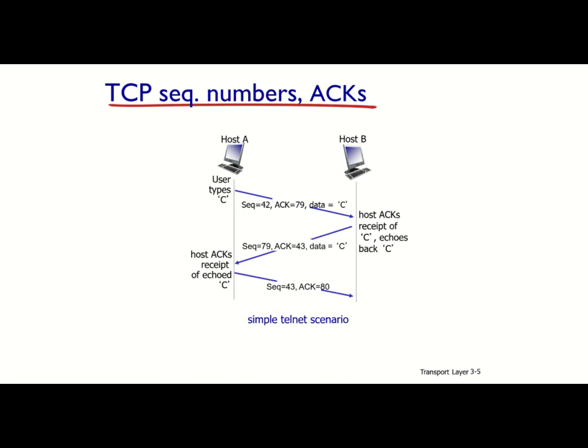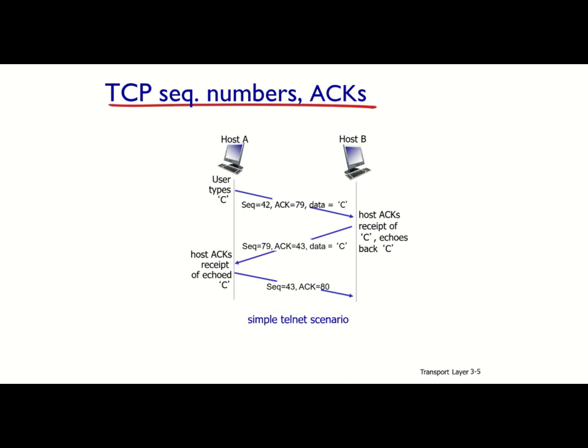After host A receives host B's response, it replies by sending sequence number 43 and acknowledgement 80. Why acknowledgement 80? Because in B's response we had sequence number equal to 79, and the acknowledgement has to be the next byte that host A expects to receive from host B, which is number 80.